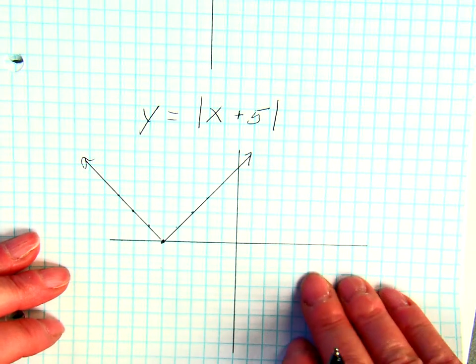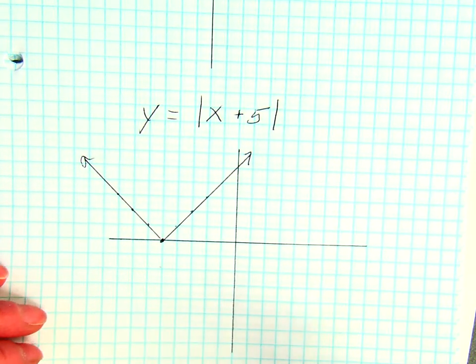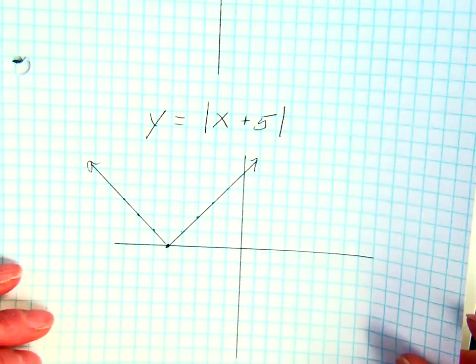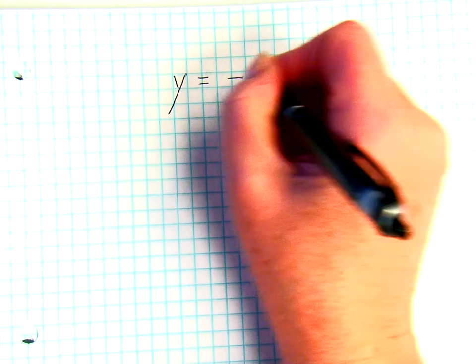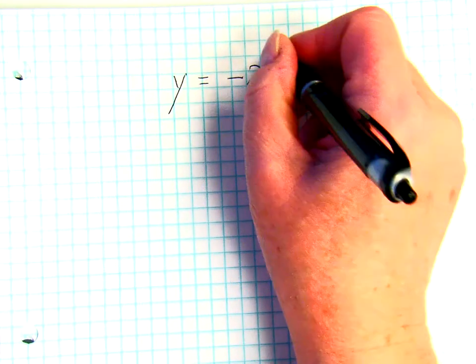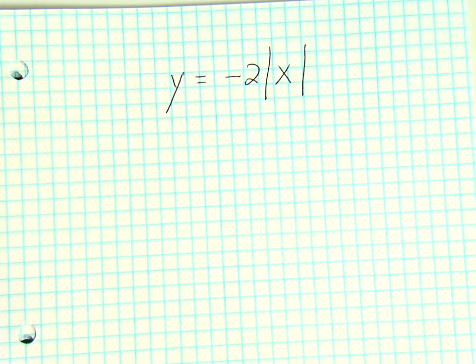Now, there are two things that we have not talked about, and there are things that I want you to think about, and I'm not going to tell you anything, but what happens if we have two questions? y equals negative 2 absolute value of x. Okay? So I want you to think about that.